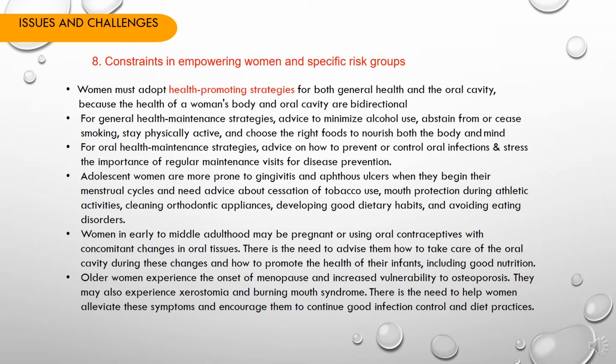So advice on how to take care of the oral cavity during these changes and how to promote the health of infants, including good nutrition. And in older women, the experience of the onset of menopause and increased vulnerability to osteoporosis. So they may experience xerostomia and burning mouth syndrome. So these are the things that we need to help women alleviate this problem and encourage them to continue good infection control and diet practices.